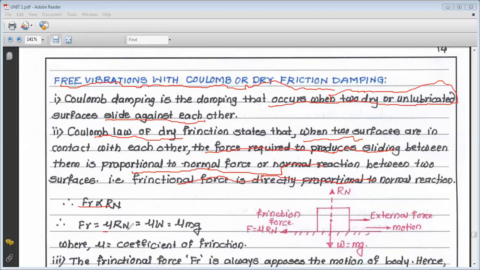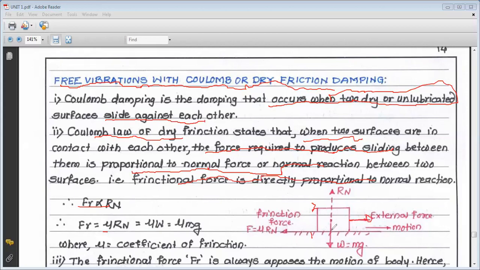Now if we consider these two surfaces, this is the first surface which is fixed and this is the second surface. If we apply some external force, say to the right-hand side, the frictional force is opposite to the external force. So the frictional force is in the opposite direction, that is F is equal to mu Rn.